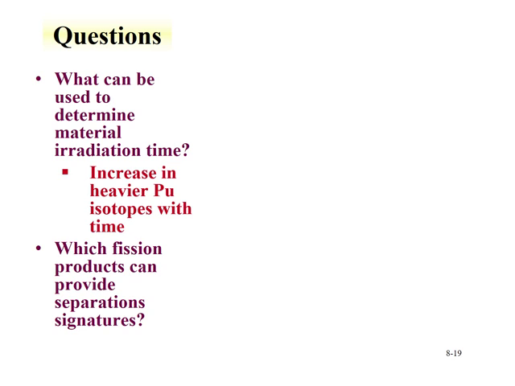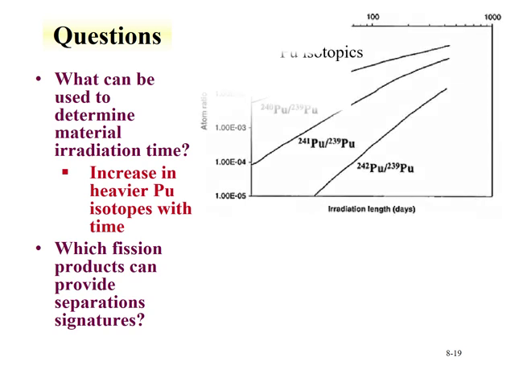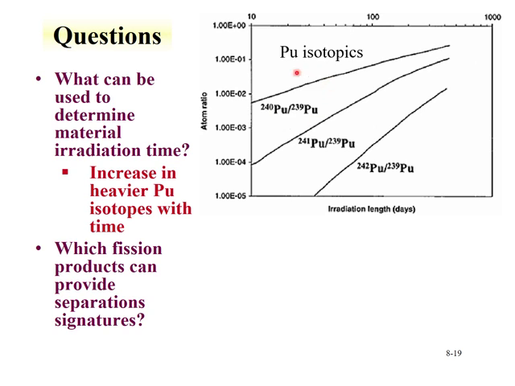So plutonium-239, as it sits in a reactor, one, it's fissioning, and two, it's capturing. Plutonium-240, plutonium-241, etc. So the relative concentration of plutonium-239 decreases with time. And what one can do is evaluate the atom ratio of different plutonium isotopics, everything normalized to the 239.